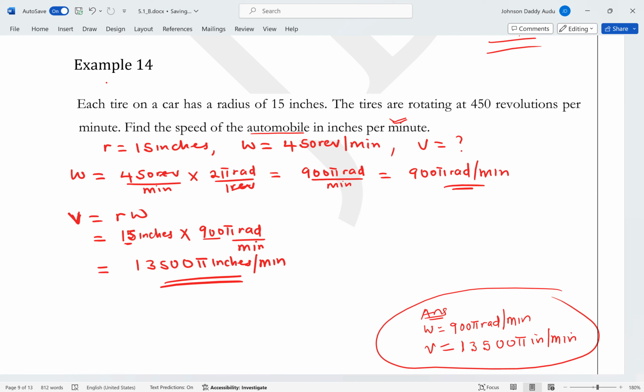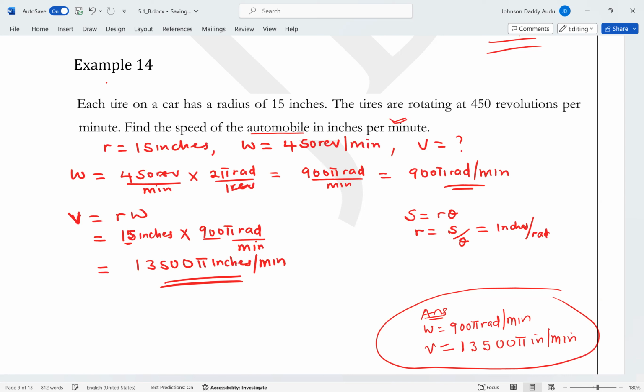Usually I explain this using this. Remember, if you have S equals R theta, what is R? R is S over what? Theta. But what is the unit of S? The unit of S is always the same as the unit of the radius, right? So let's say if the radius is in inches, S will also be in inches. So it's going to be inches per what? But theta is always in rad. So you have inches per rad.